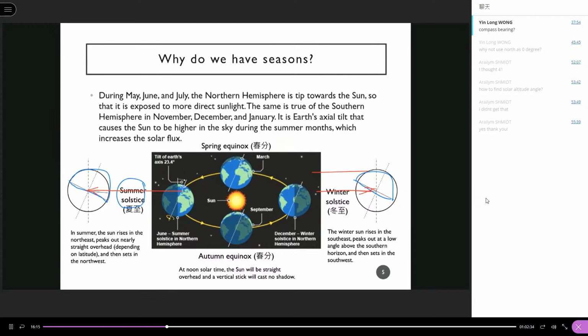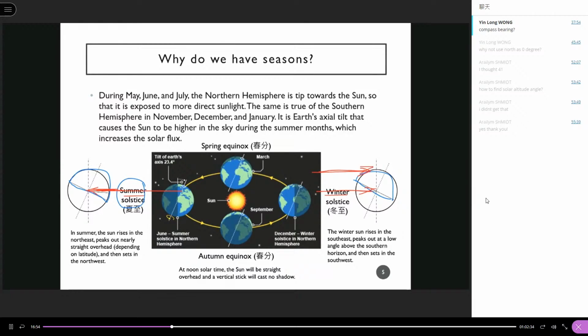So you can see that in June, the sunlight angle will be more perpendicular, right? The elevation angle of the sunlight will be higher compared to December. And that's why in June it is summer, and in December it is winter in the northern hemisphere.